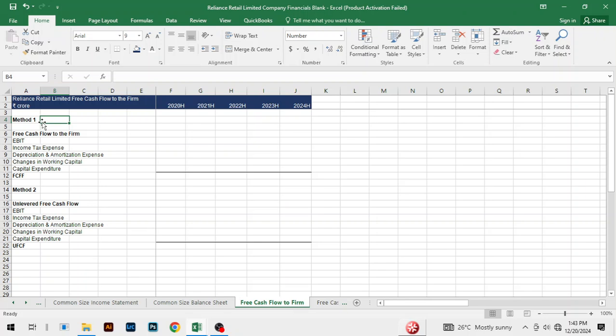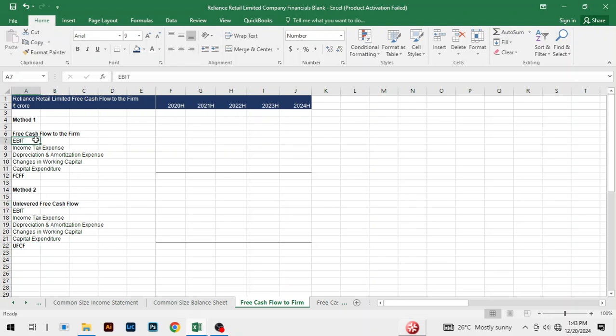So the free cash flow to the firm, these are cash flows that are available to both equity and providers of capital, right? And we use free cash flows to value the entire firm, or to get the value of the entire firm. Free cash flow to the firm is also known as unlevered free cash flow, right?